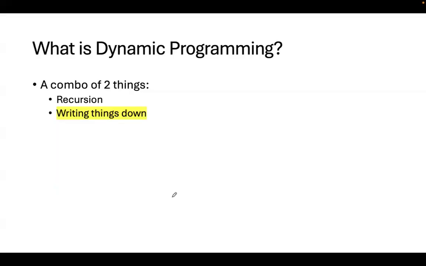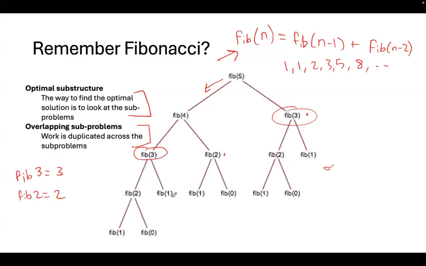So if we want the nth Fibonacci number, we have some array that we work through from 0 all the way up to n. We could say the 0th Fibonacci is 1, and then we refer to these previous ones to solve the next. So that's tabulation.